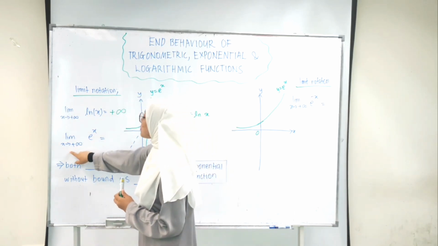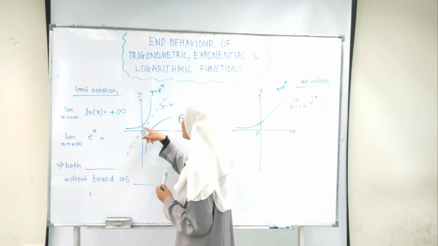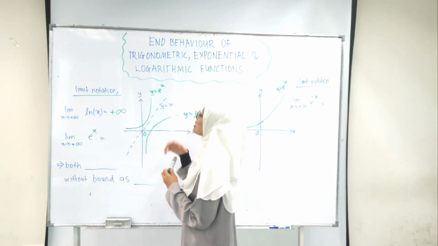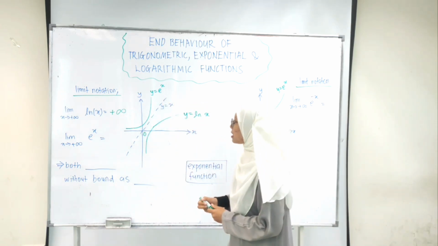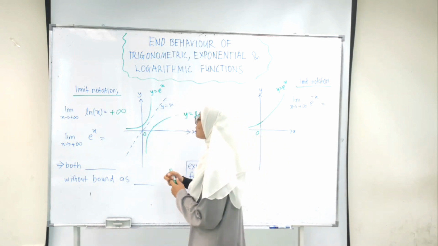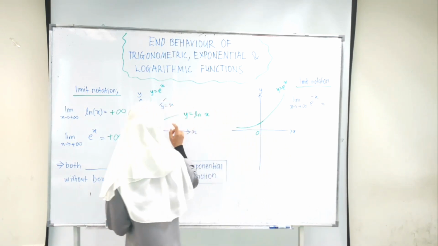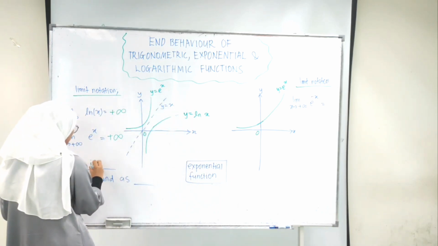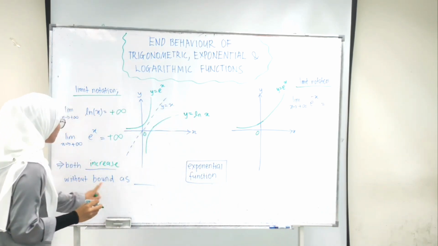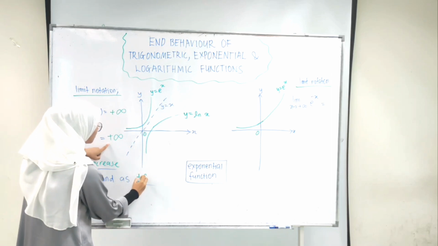Next, for the limit as x approaches positive infinity of e^x, it will give the same answer because both graphs increase. So the answer is also positive infinity because both increase without bound.